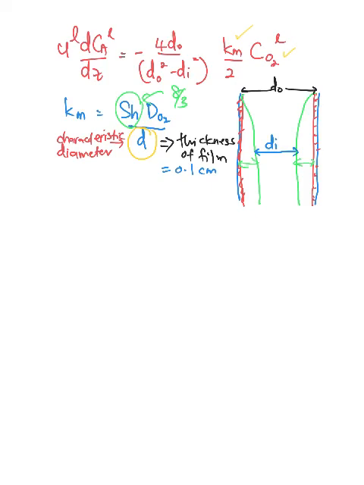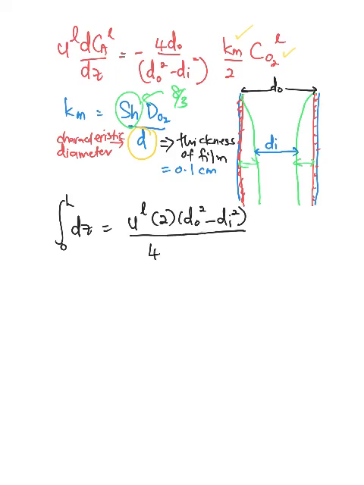So rearrange dz, integrating from position 0 to L, equal to UL times 2, because we divide by 2, times D naught square minus DI square, divided by 4 D naught Km, CO2, the concentration of oxygen in the liquid phase.